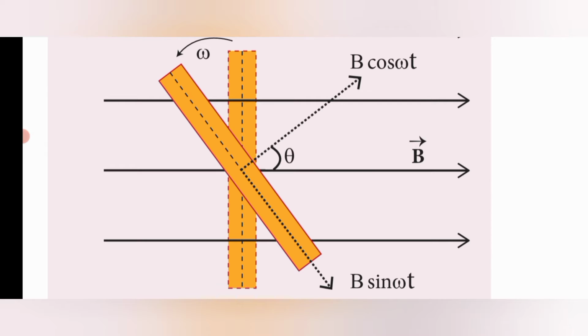That is one of the parameters here. And also the splitting into two components, B cos omega t and B sin omega t. Here B sin omega t cancels out because of the downward and upward directions, so we only have to take B cos omega t. Let's see the derivation now.